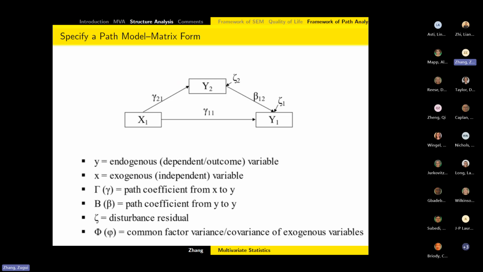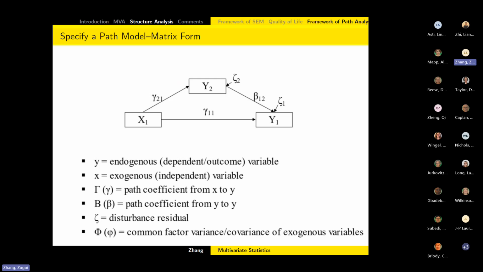Maybe Y1 is angina-related health and Y2 is overall health, and the X are the independent or exogenous variables, while the endogenous variables are the dependent outcomes. And then the outcomes could be related.